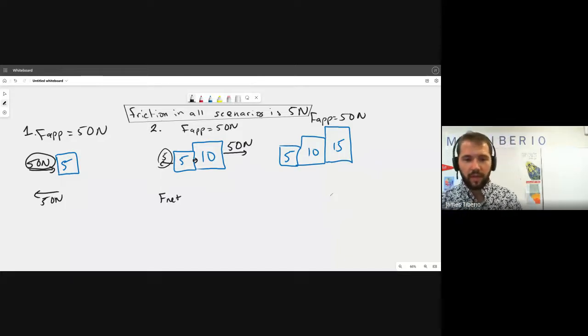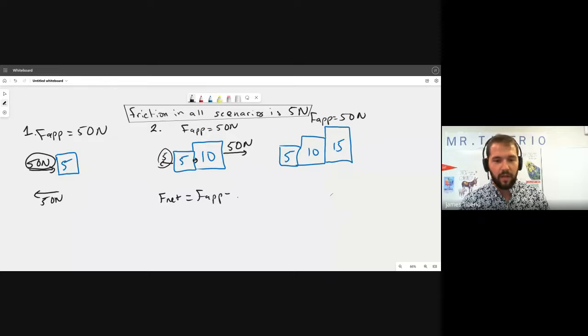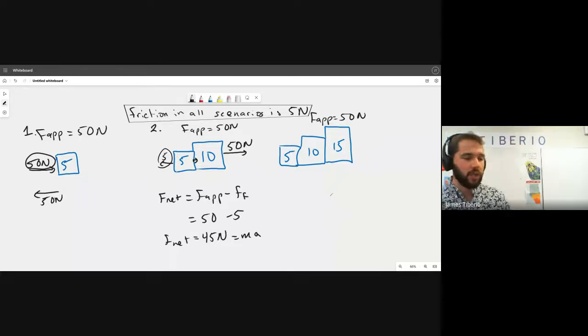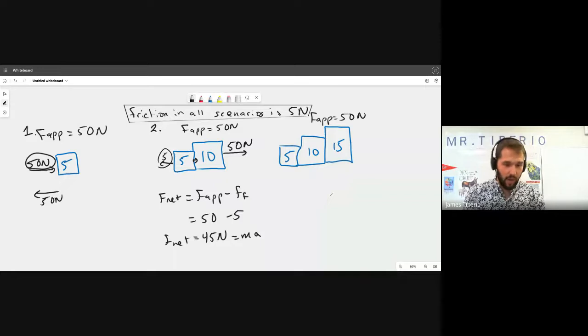And when they accelerate, we know that there's a force applied, an F net. So F net equals force applied minus force of friction, which of course equals 50 minus 5, and so F net equals 45 newtons. And we know that that equals mass times acceleration. And so we are pushing this entire system of boxes. We are pushing a total of 15 kilograms of mass, right?